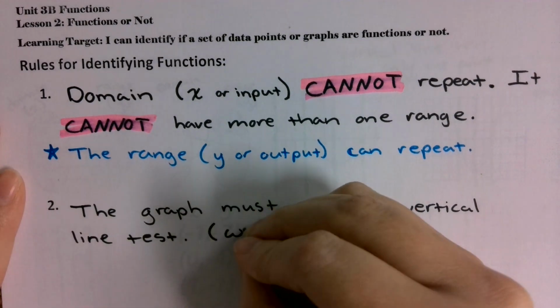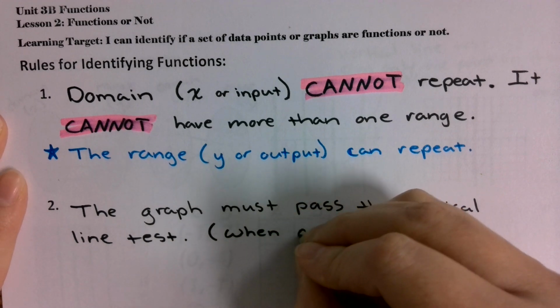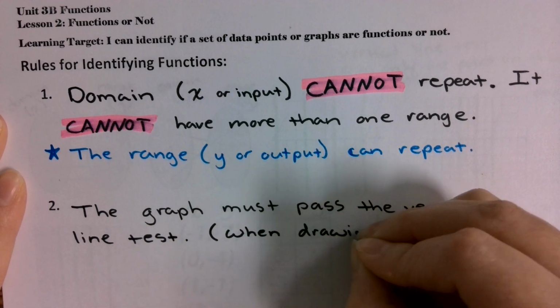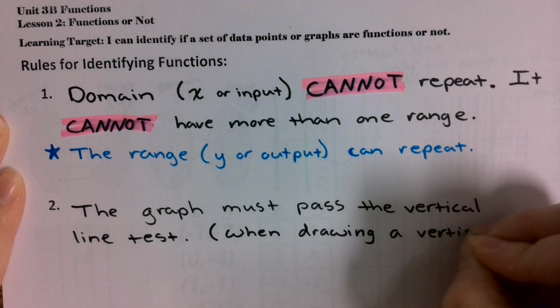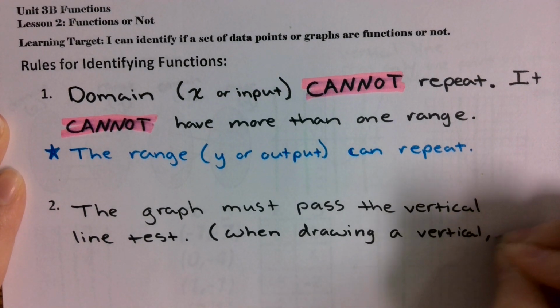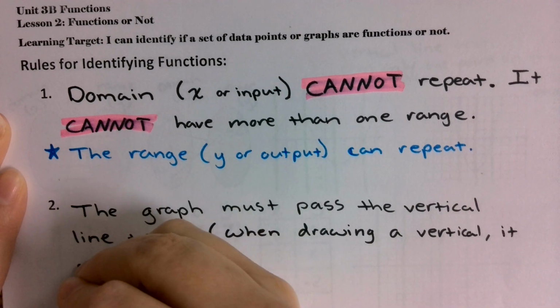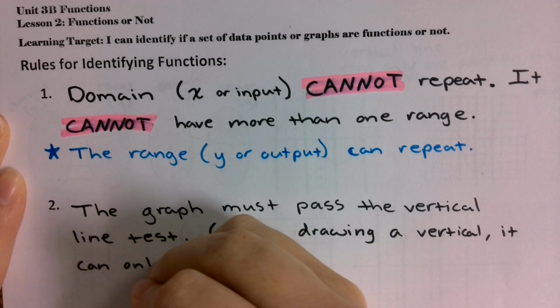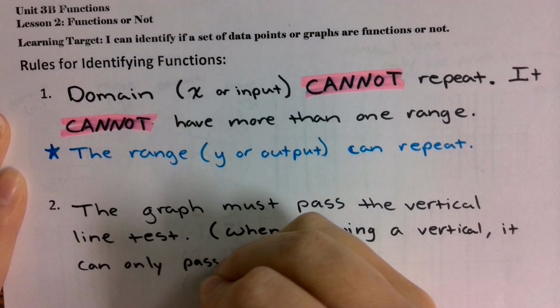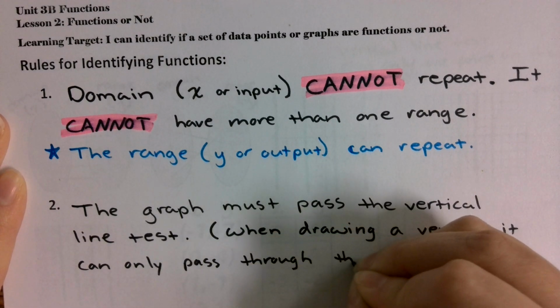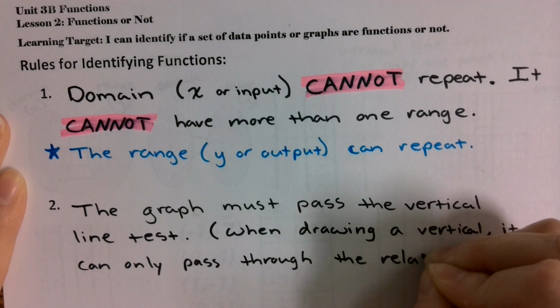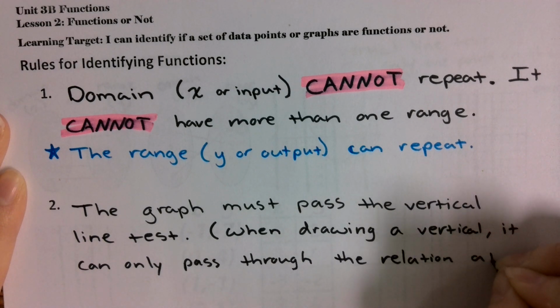And I'll even write a description in case you need to remind yourself. When drawing a vertical line, it can only pass through the relation at one point.